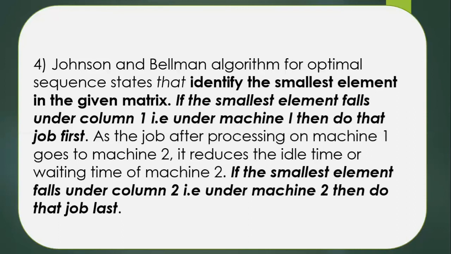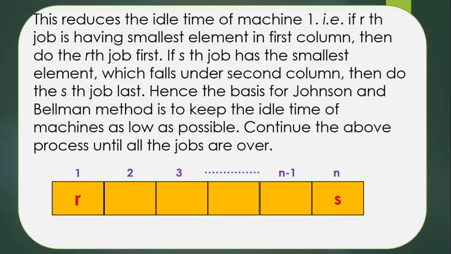And if the smallest element falls under column 2, for example, under machine 2, then do that job last, okay? So next, this reduces the idle time of machine 1.